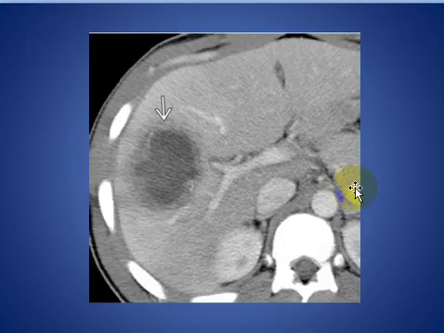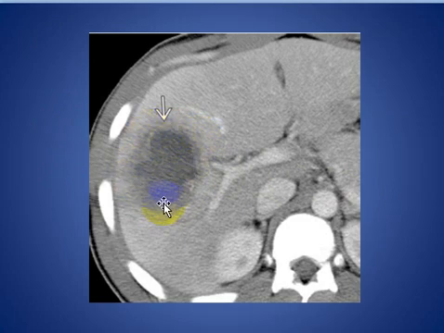As we see here in this enhanced CT scan, hepatic amebic abscess in a young man with a solitary mass lesion with a shaggy appearance of the wall and/or capsule.